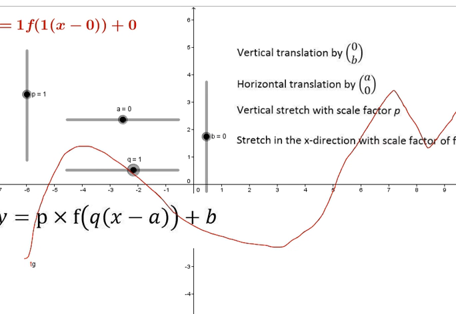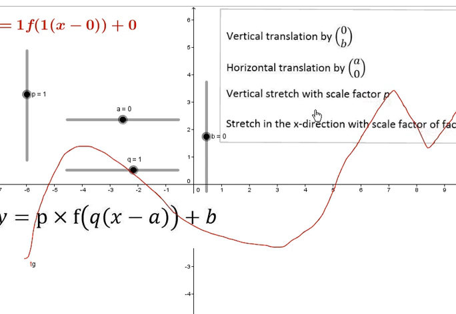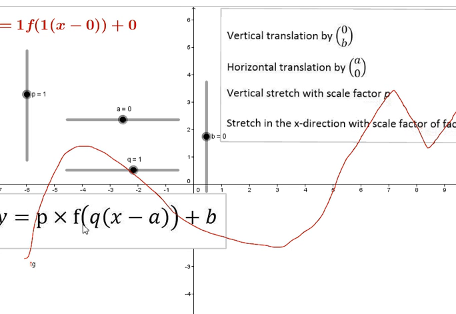I made a crazy looking graph like this, a bit of a zigzag. And I have the formula here, y equals p f of q times (x minus a), plus b. Let's take the b first of all. What do you think it does? Have a think. It's altering this number right here.